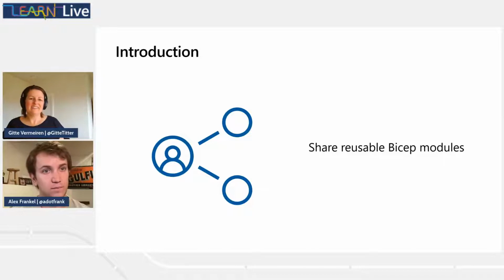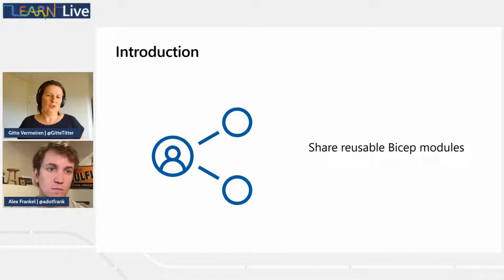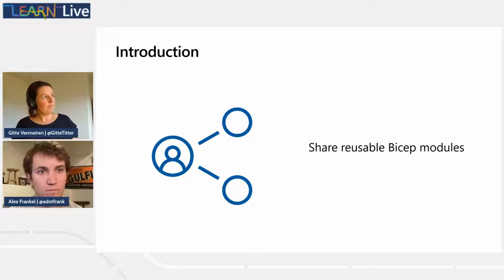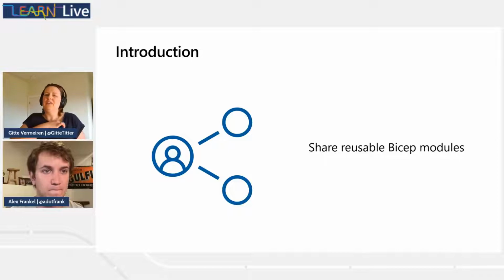Yeah, and that's exactly where the private registries come in. Private as in, if you have modules that you want to reuse, you're not going to put secrets in your modules, that's a no-go, but there's still information in there on how you build your environment.